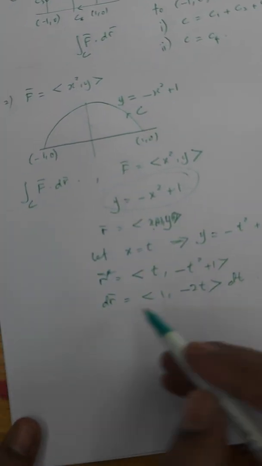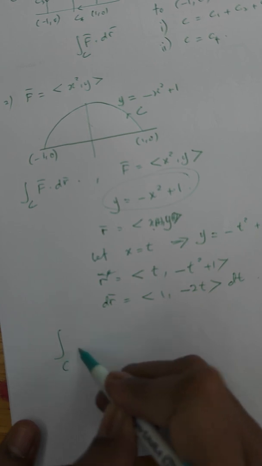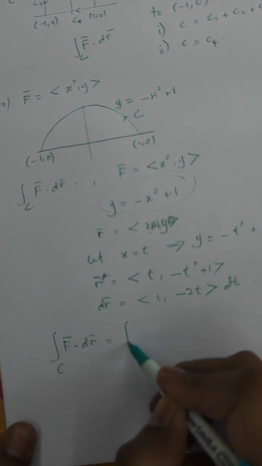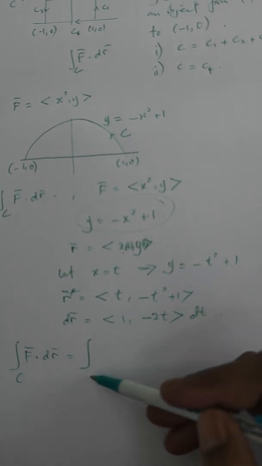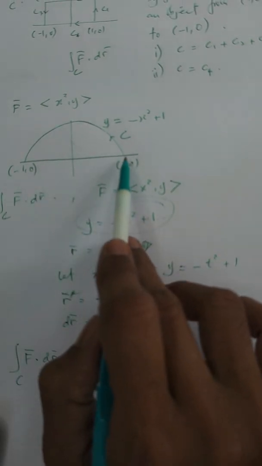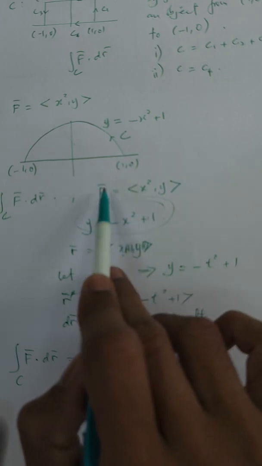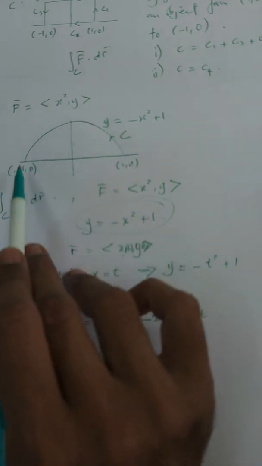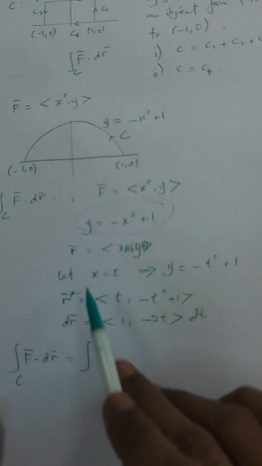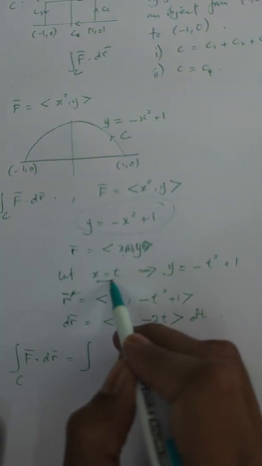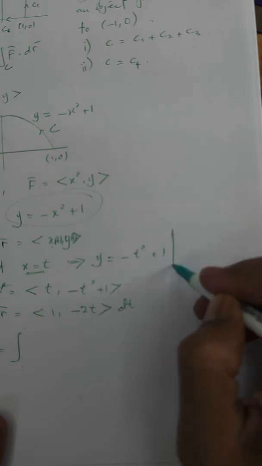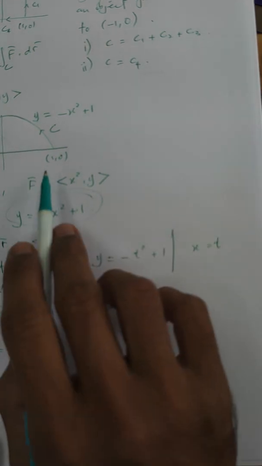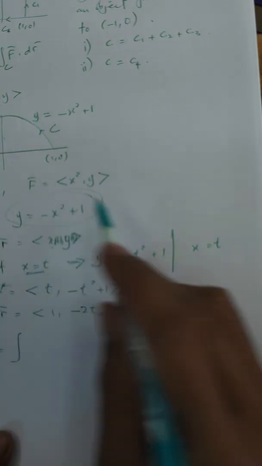Now for the integral of F dot dr over C, you need to determine the limit of integration here for C. Since we take x equal to t, we have x changing from 1 to -1.